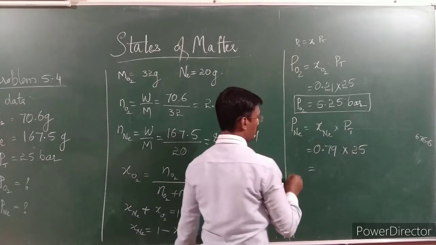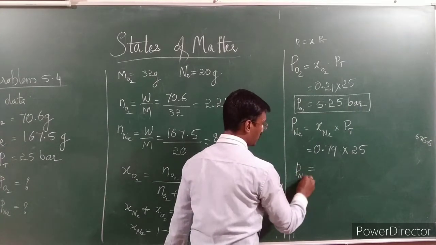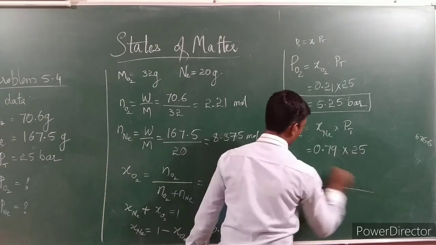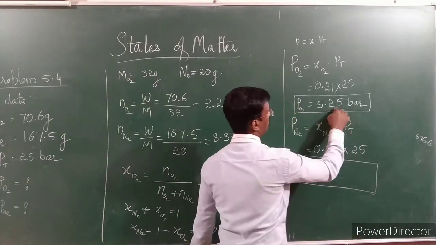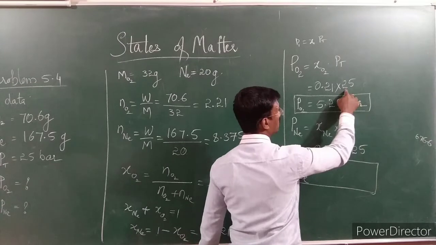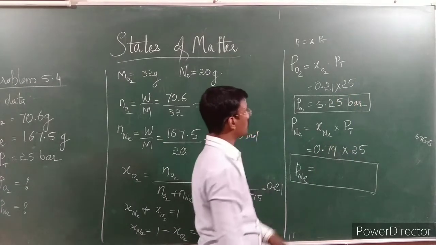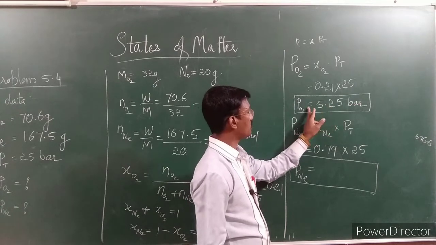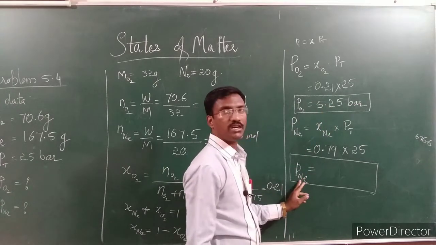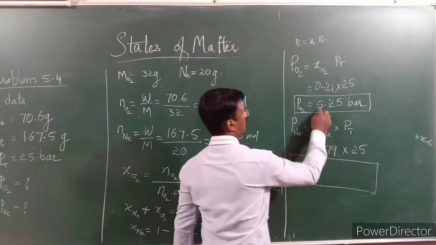Whichever unit they have given for the pressure, that one we have to write. Therefore the partial pressure of neon is, can you see here? One is 5.25, and the total pressure should be 25. So in 25, 5.25 is oxygen. The remaining pressure should be the neon only.